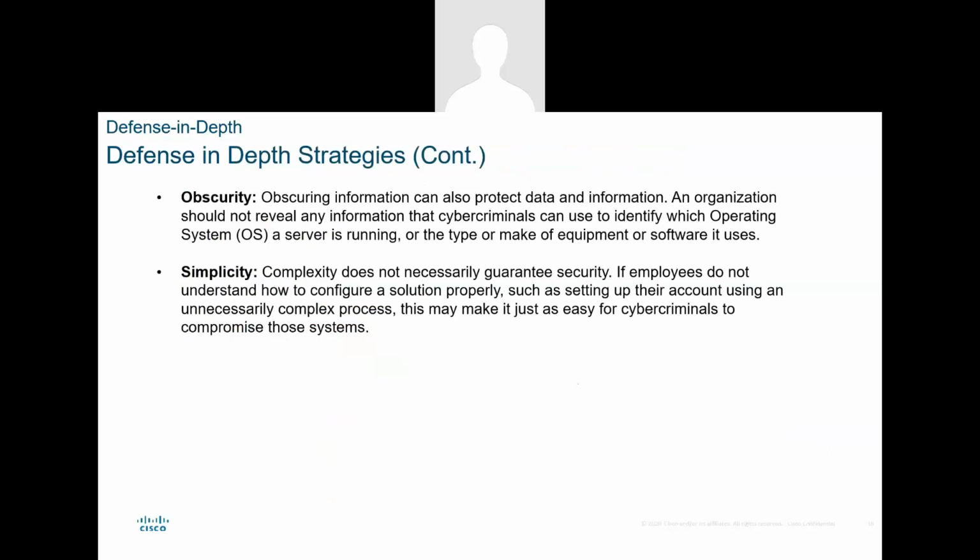Obscurity is where you want to conceal operational details from attackers. So you don't want to identify things like your operating system, the servers running, or what type of equipment or software it uses. Also, keep in mind that complexity does not necessarily guarantee security. So you want to avoid overcomplicating systems, as this can lead to errors.